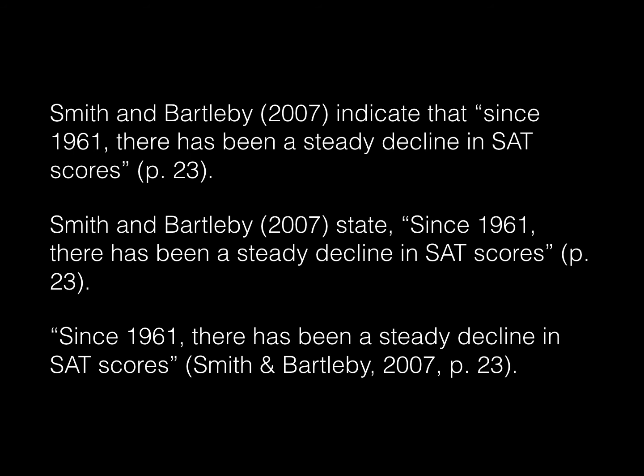The thing with APA is the focus is very much on allowing the reader to find the documentation easily if they want to. So this gives me all the information that I need. From here, I can go to the end of the document to the references page, go down the list, go to Smith and Bartleby, and if there's more than one Smith and Bartleby, then I go to the one from 2007. I get the additional information.